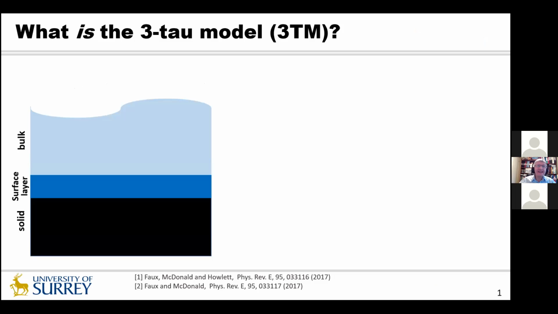So what exactly is the 3-tau model? Well, this is a simplification of a fluid-filled pore in a solid material. The solid here is indicated in black, and on top of the solid is a surface layer of liquid, which we'll presume for the time being at least is water, a single layer of water. And then the remainder of the pore is filled with the bulk water.